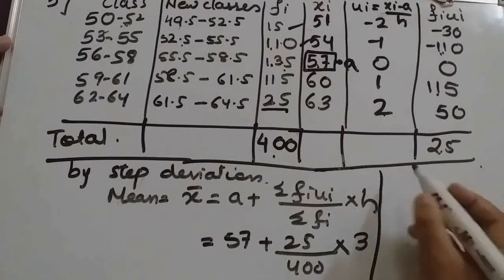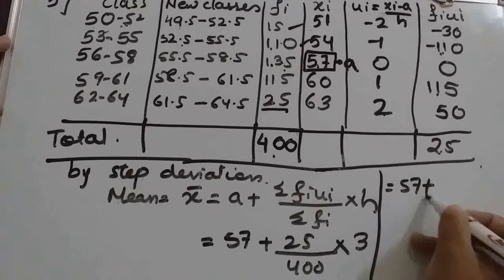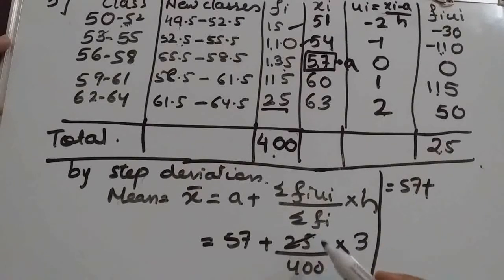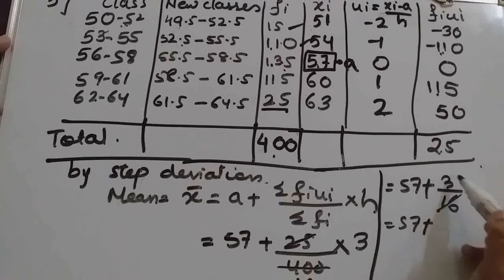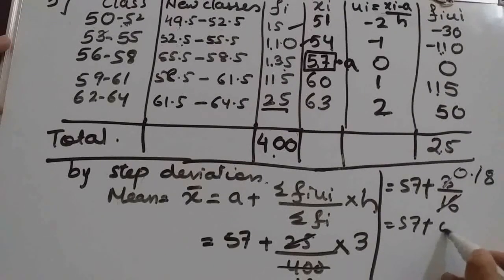So what we can write here, 57 plus, see, 25 8s are 200 we know, so this will be 25 16s are 400. So 3 by 16 we will get here. So this we can cancel, 16 ones are 16, then you will be left with 14, so 16 8s are 128, and so on. So 57 plus 0.18, that will give 57.18.